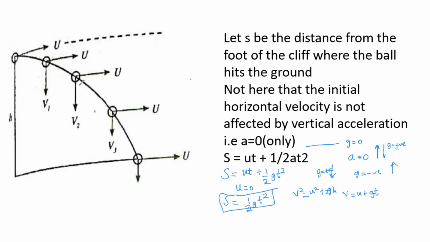Then don't forget that when an object is projected horizontally, the u before it starts coming down is equal to zero. Then when an object hits the ground, the v is equal to zero. Please note this. We are going to see this application very soon.